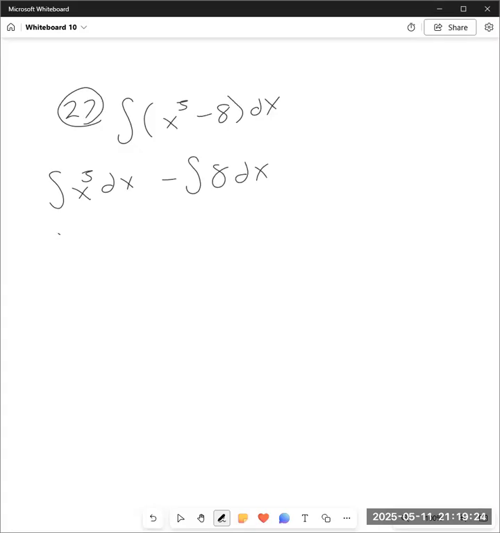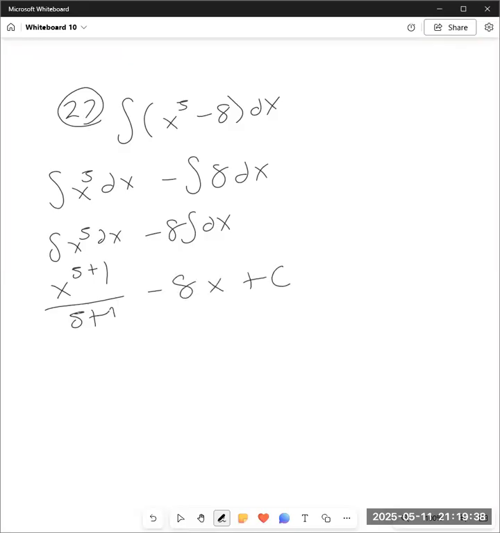I'll pull the 8 out, just like I did before. And let's call this x to the 5 plus 1 over 5 plus 1 minus 8x plus c, is 1/6 x to the 6th minus 8x plus c.